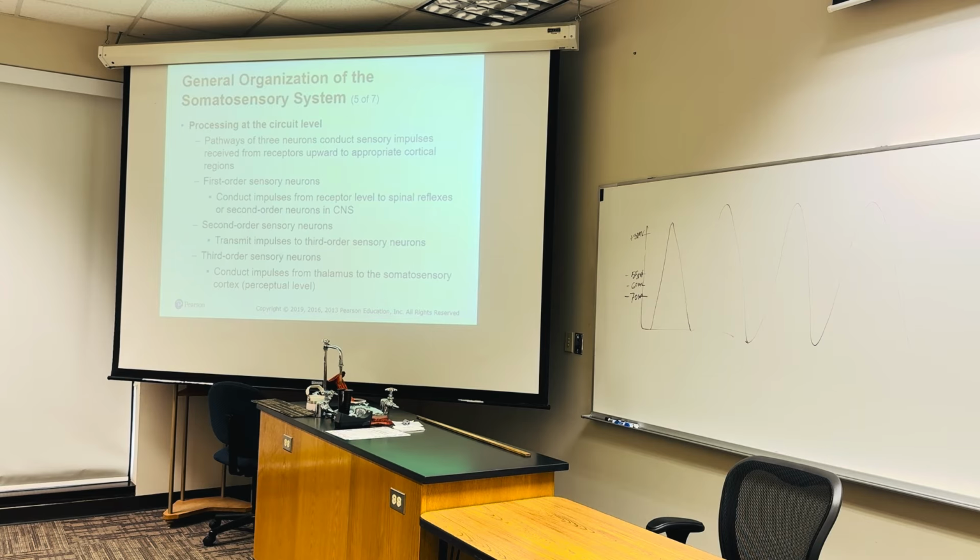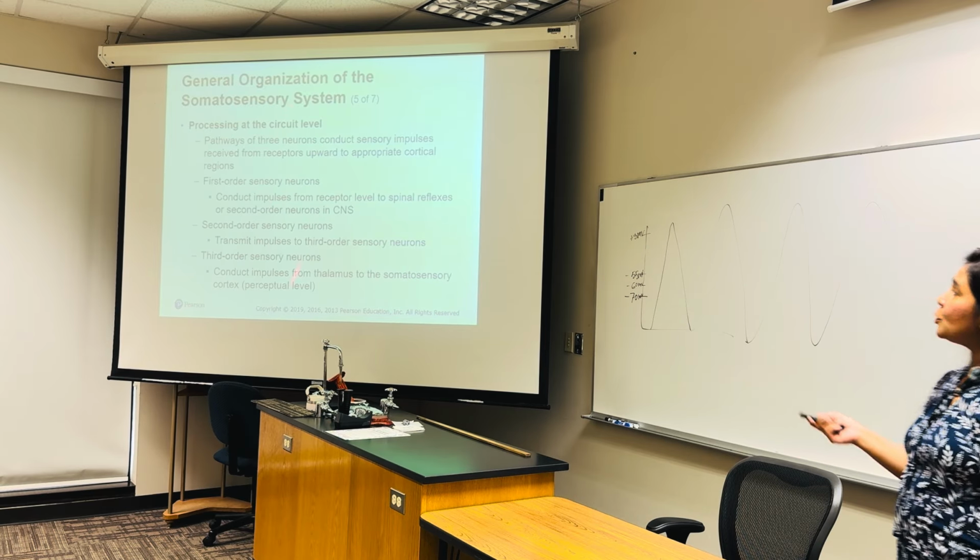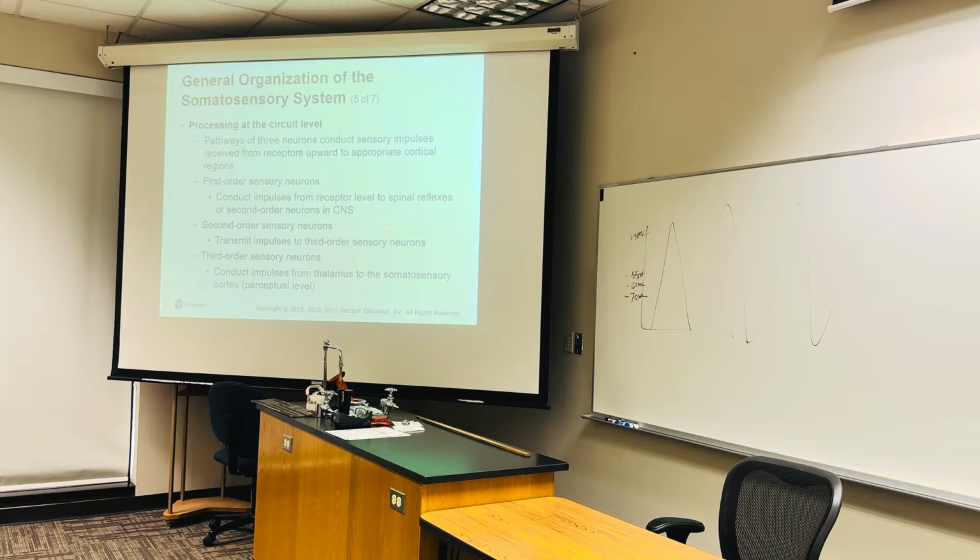Okay. So now let's talk about processing at the circuit level. When we say circuit level, what do we mean by that? We know that you don't have only one neuron doing everything. No, you have a circuit of neurons, right? You have one neuron after another neuron after another neuron. So if you have a circuit of neurons, what do you want to do?